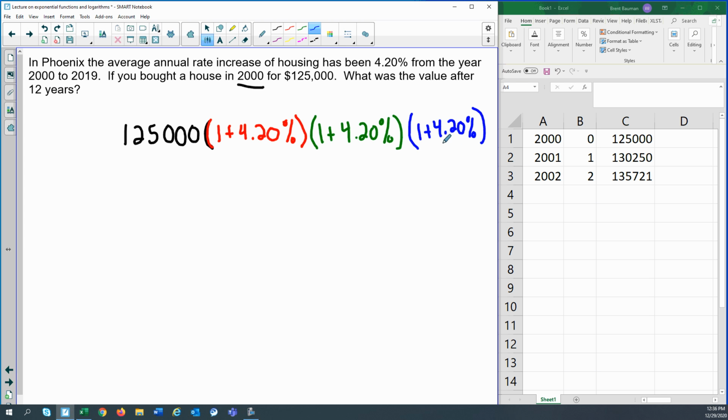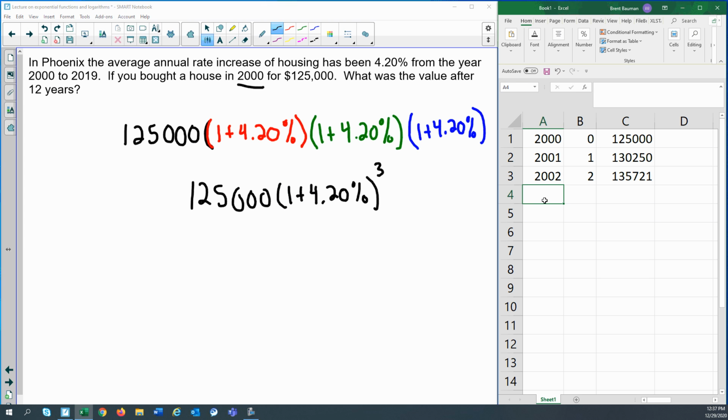So really what we have in year 3 would be 125,000 times, if we condense these and you multiply things that are the same, you can use an exponent. And we have 3 this time. Okay, 1, 2, 3. So this should give us the value after the end of 3 years.